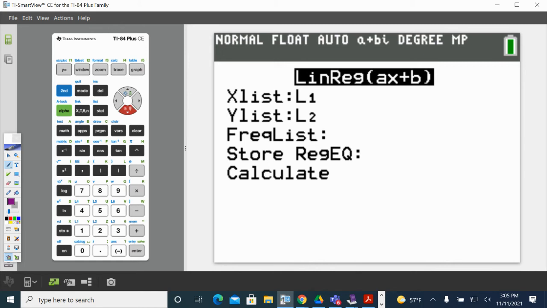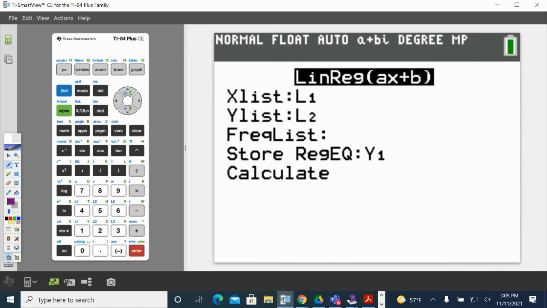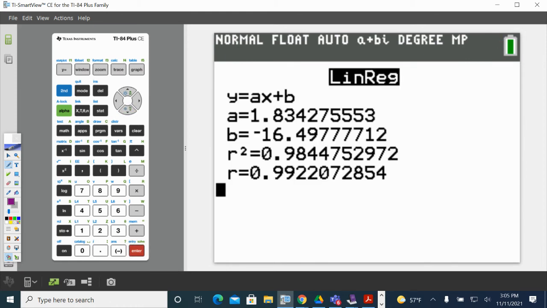When we get to the store regression equation, write this down. You're going to hit alpha, trace, enter. So what I've just done is I've told my calculator, whatever equation you come up with, I need you to store it into Y1. And you'll see why that's important here in just a second. I'm going to arrow down and I'm going to hit enter.